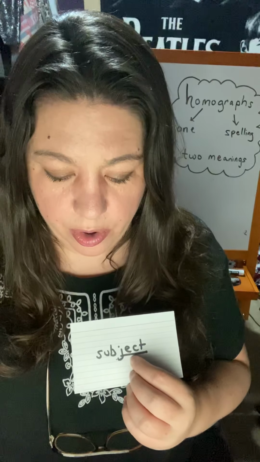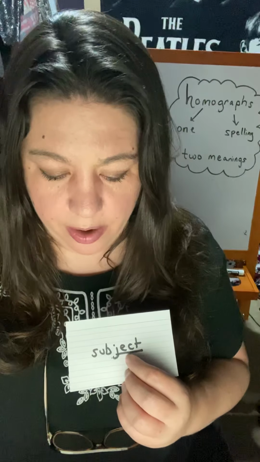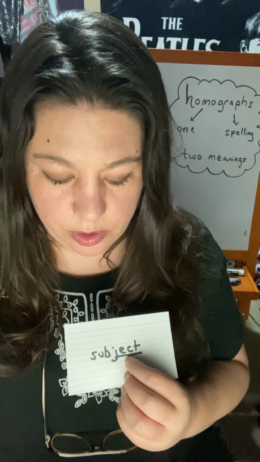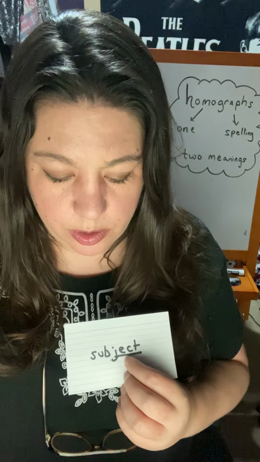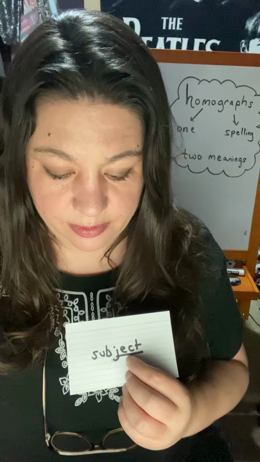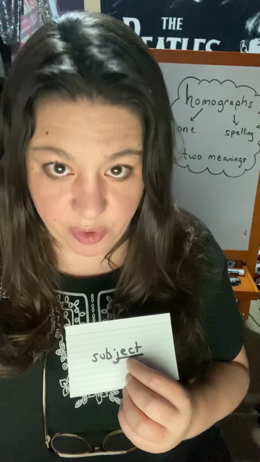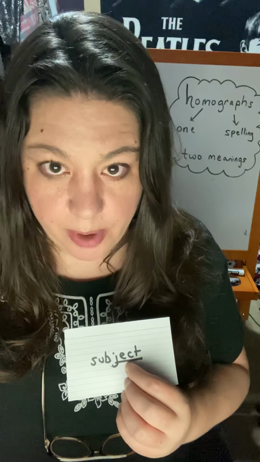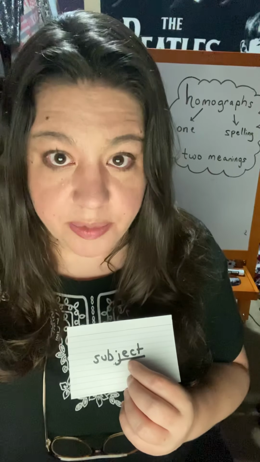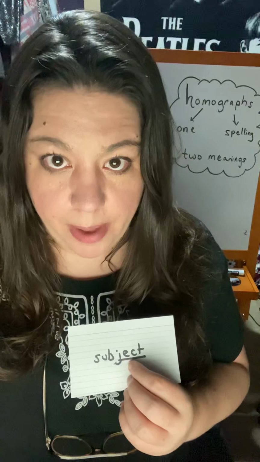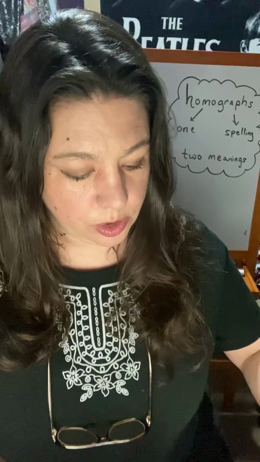Is it A, a word or group of words the sentence is about, or B, to bring under control? A or B? B, it's a verb. To subject someone, you bring them under control. A subject in a sentence is a word or group of words the sentence is about. Next one.